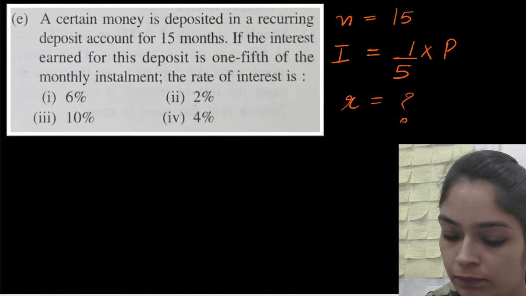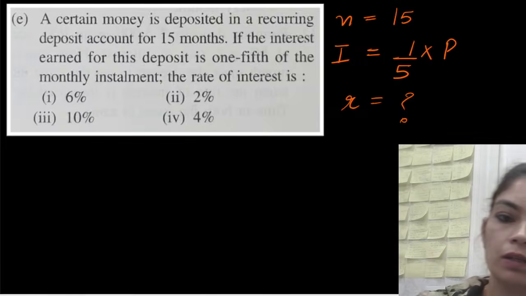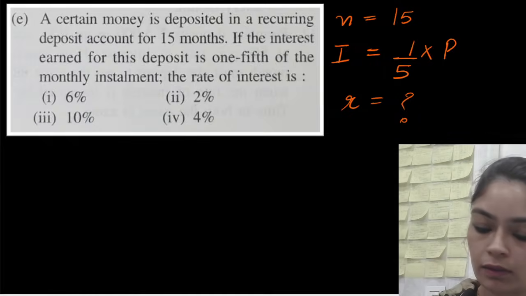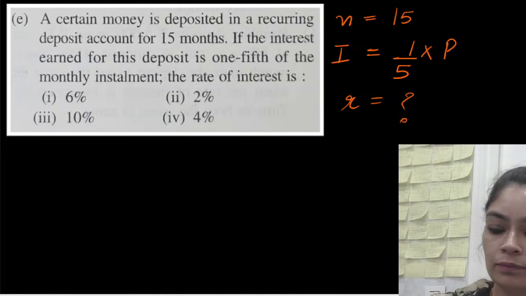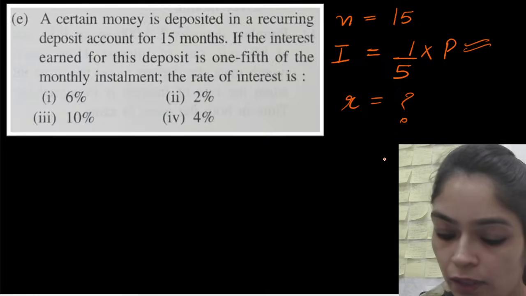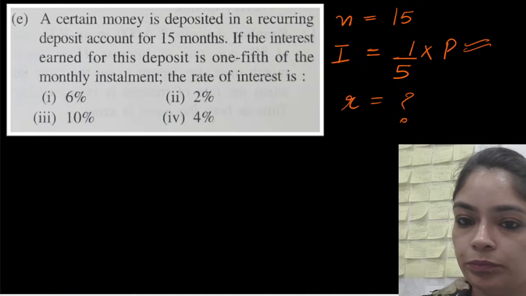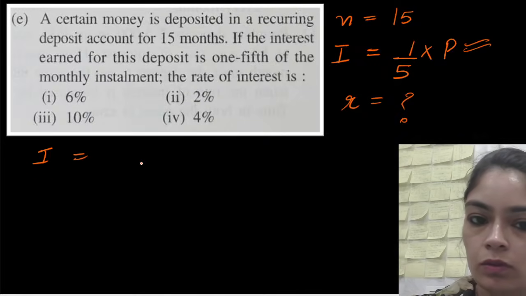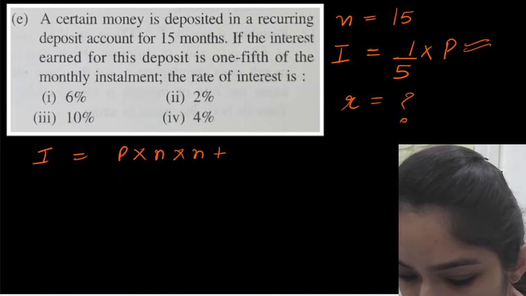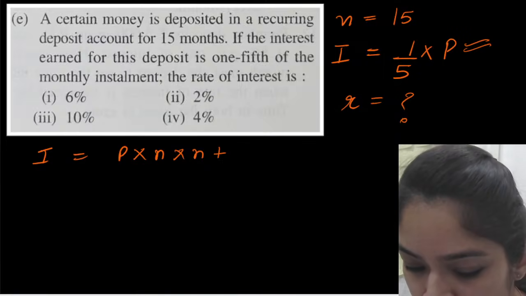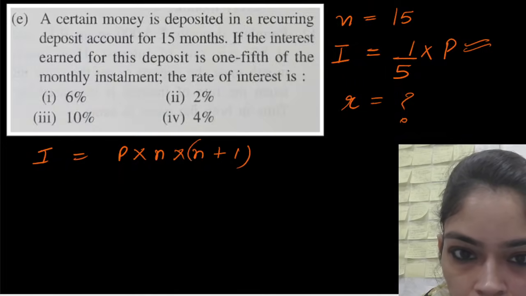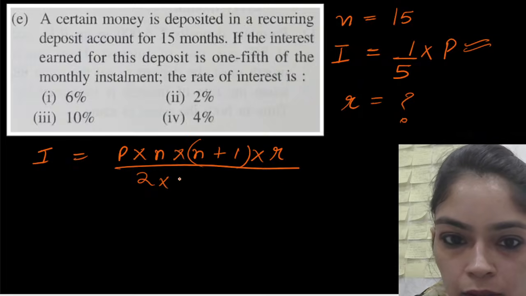Which formula should we use here? Since I is given to us, we can use the formula of I. So I is equal to P into N into N plus 1 into R by 2 into 12 into 100.